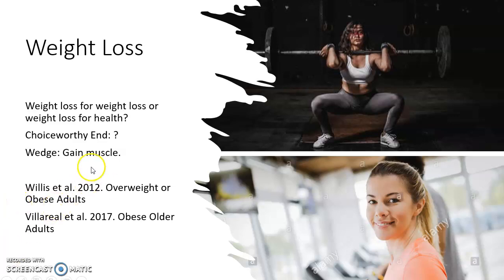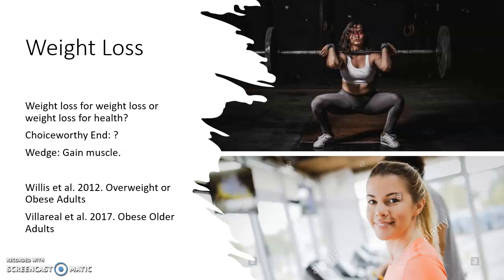So there are a couple articles here that look at those overweight or obese adults, and they compare doing cardio only, doing weight training only, or a mixed modality. And what we find is that the mixed mode, where people are doing some weight training and also some sort of cardio, tends to have some of the best results in terms of most of the biomarkers.